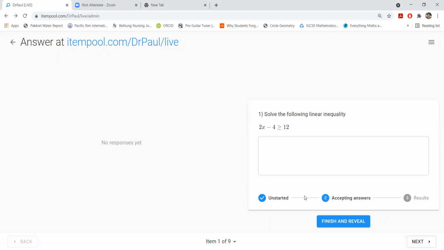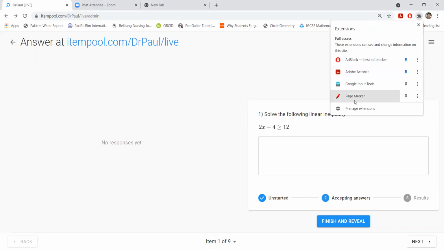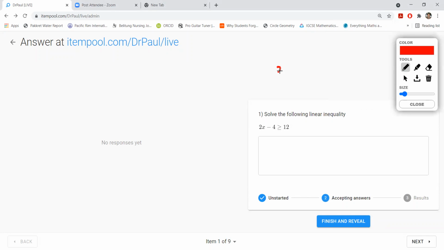So this is your first question. It's just a simple inequality that I taught you a few lessons ago. So put your answer in as x greater than or equal to. If you can do that symbol, that's fine. You can do it like that.